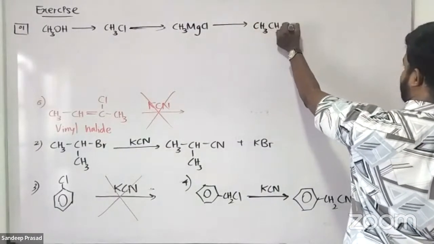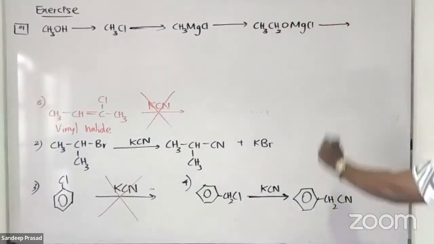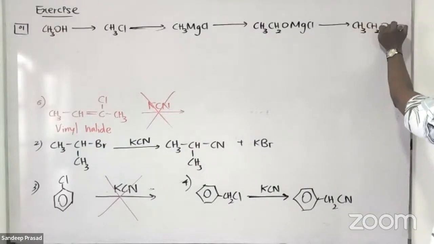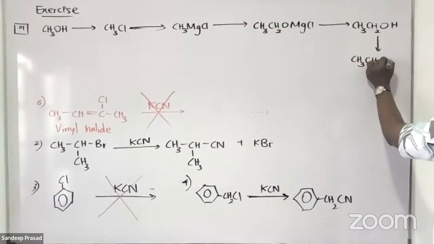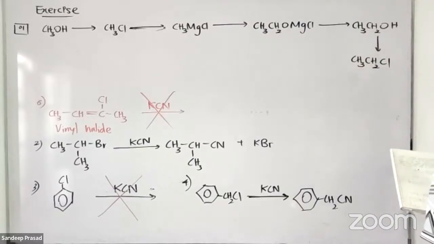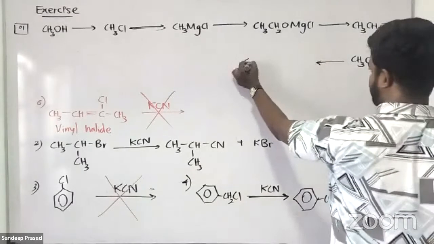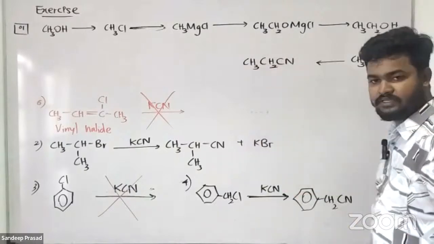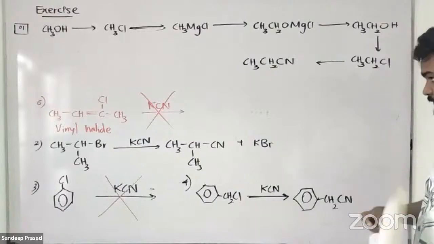CH3CH2MgCl. CH3CH2OH. CH3CH2Cl, ethyl chloride. And just now we discussed this reaction. Ethyl cyanide. And you know what reagent you have to add, right? Just now we learned. So this is the first one.